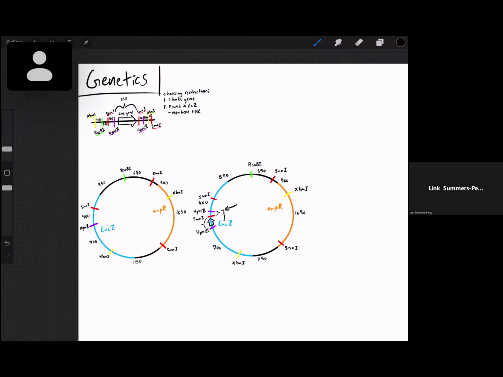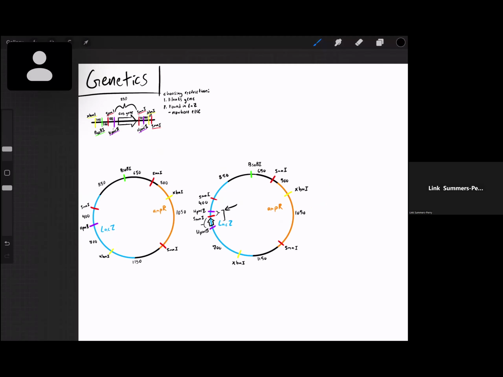We need to write our distances that were on the insert onto the vector, now our construct. So let's go ahead and do that. We can see that the gene itself, from HpaI and C all the way to SmaI right here, was 850.